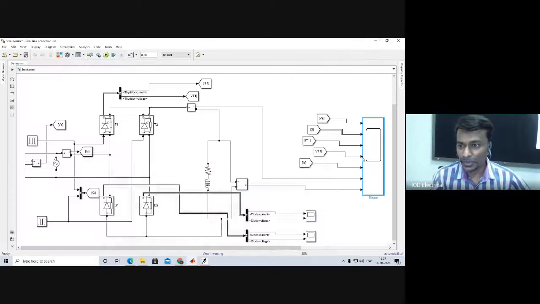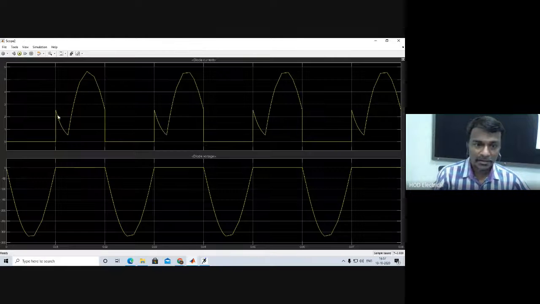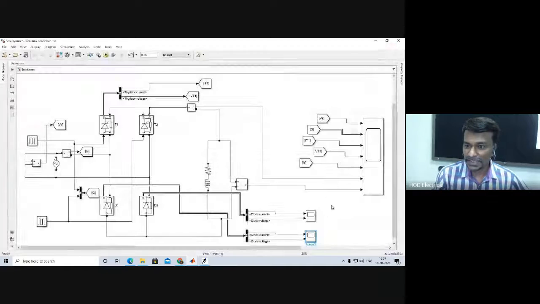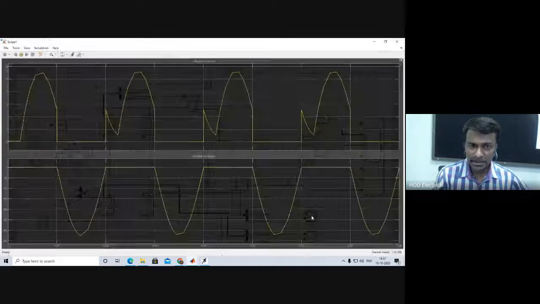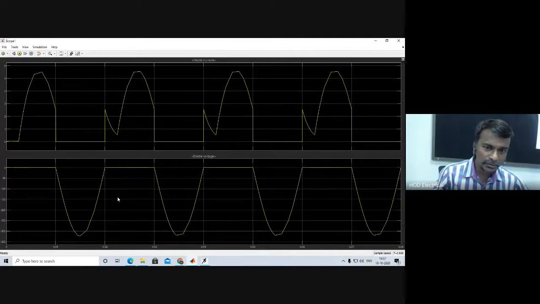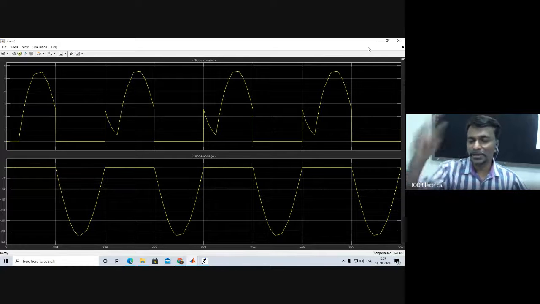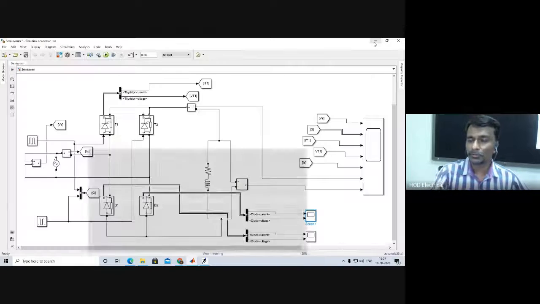That is why D1 also has this current shape, due to the freewheeling of T1 and D1. Similarly in this case, due to the freewheeling of T2 and D2. So that is why this current shape is like that. The remaining time it is the normal current waveform.